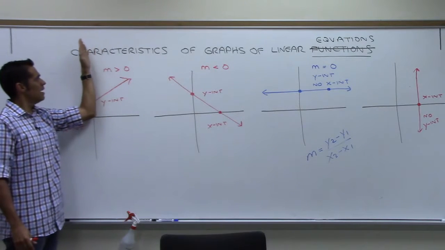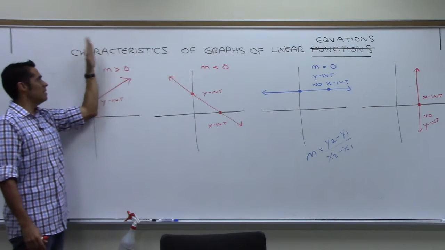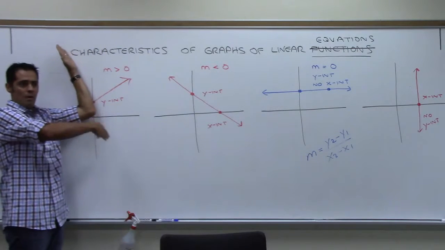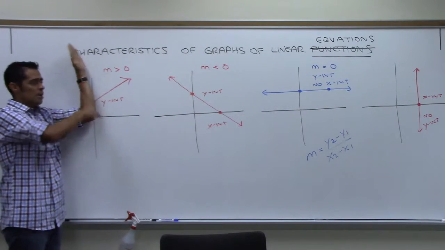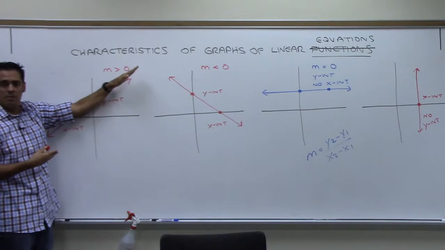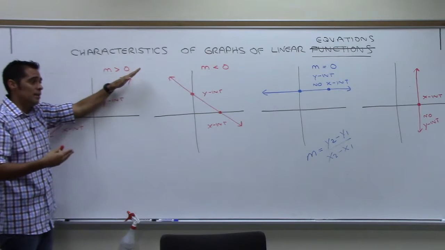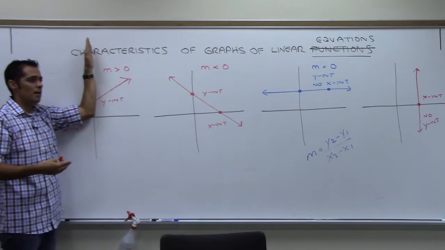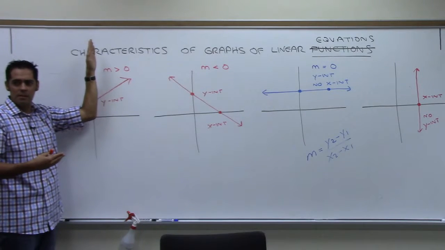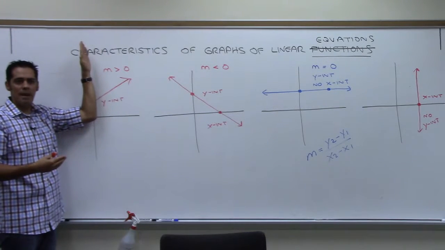Okay, does it ever get this way, past 90 degrees? No, because as soon as you go past 90 degrees, then the slope is now negative, right? So the bigger the number, the steeper the slope. So if I said the slope was a billion, that would be a very, very steep line, right? But not the steepest. The steepest line you could have would be straight up and down.